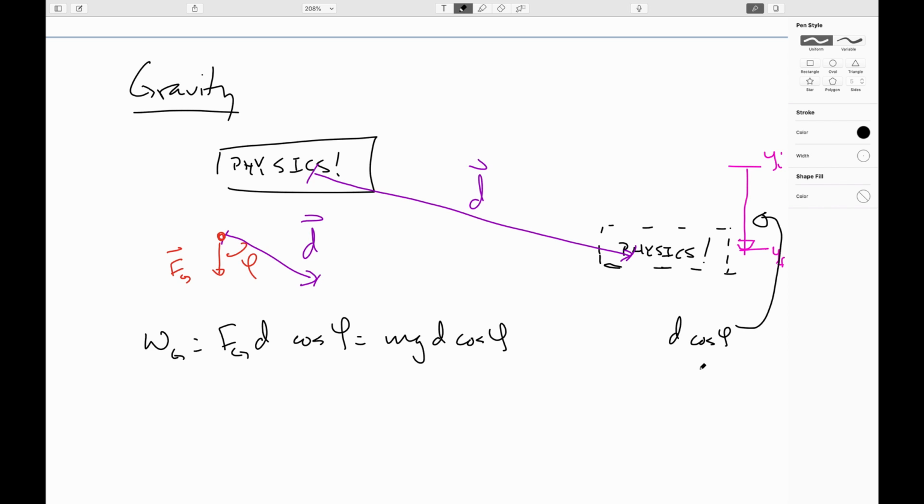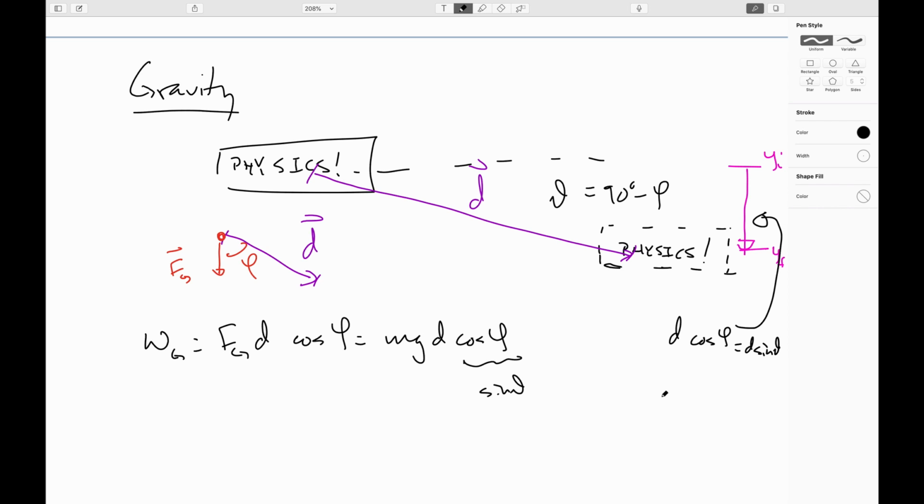If we call this angle here theta, this theta is 90 minus phi. So this cosine phi is the same thing as sine theta. So this is d cosine phi, or d sine theta right here. So this is our opposite.